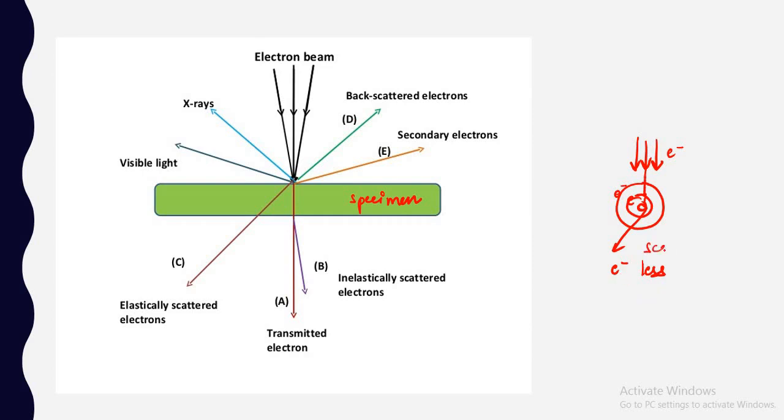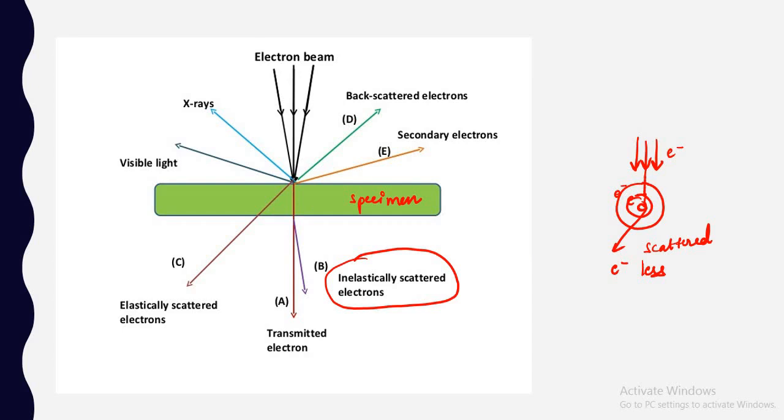This type of scattering is known as inelastic scattering. That is, these electrons are known as inelastically scattered electrons, where scattering is less. Why? Because they are passing through the nucleus, which is positively charged, so it will attract them and not allow more scattering.